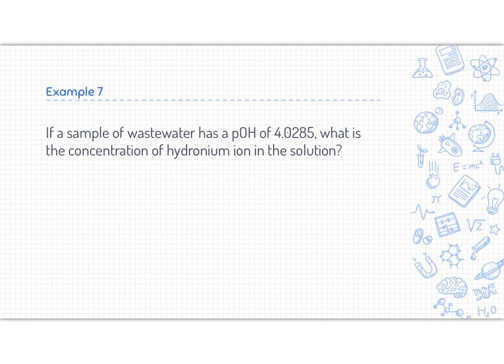If a sample of wastewater has a pOH of 4.0285, what is the concentration of hydronium ion in the solution? So if I have the pOH, I can calculate the OH minus concentration only. Now that is not the same as the hydronium ion concentration, so I don't want to do this. What we know from our formulas is that if I have OH minus, I can calculate the pOH.